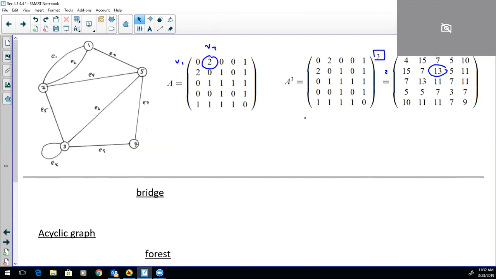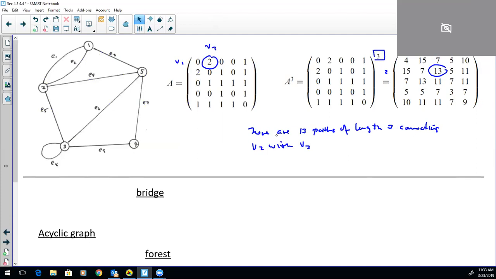power. So this means there are 13 paths of length 3, that's the exponent, connecting V2 with V3.